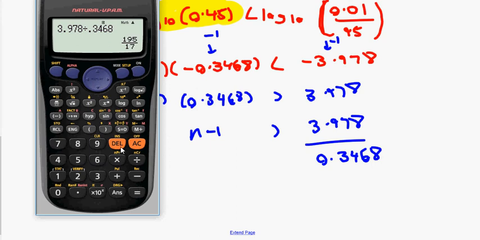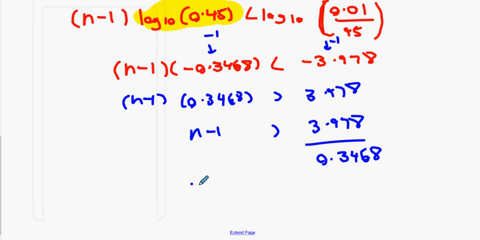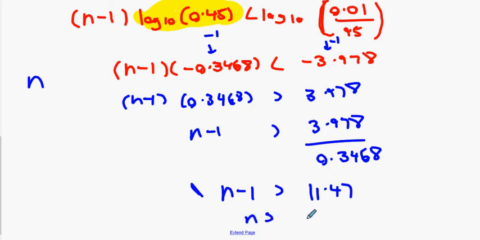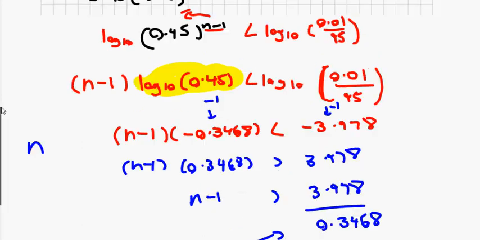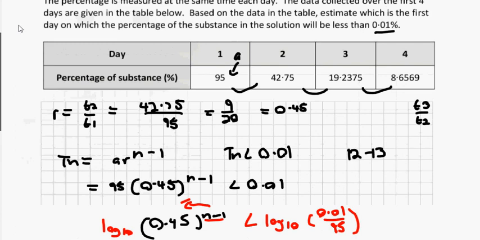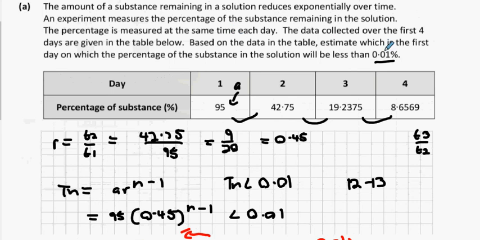What we get here is 11.47. Okay, so n minus 1 greater than 11.47. So n greater than 12.47. That minus 1 moves over to the other side. And what we have here then is, estimate based on data, which is the first day.